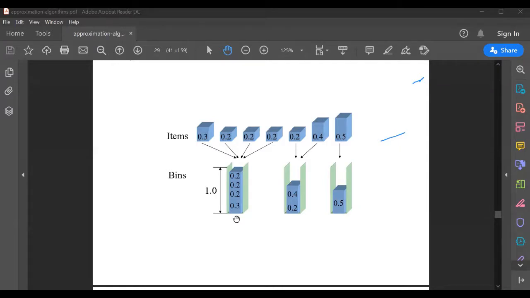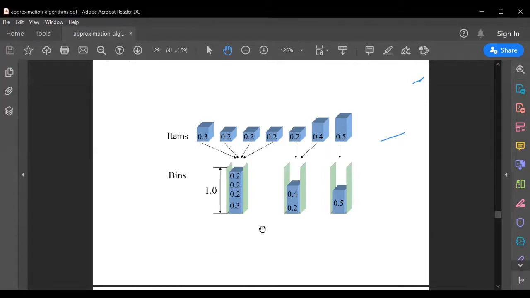Here he puts 0.3 together with the 0.2s, then 0.2 and 0.4 in another bin. 0.5 cannot get into this, so he has to go for a new bin. So this is one solution that they have provided.